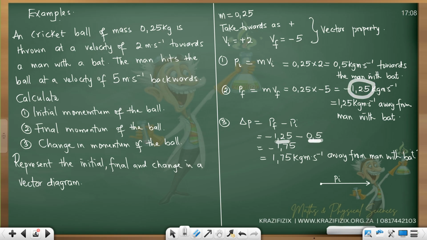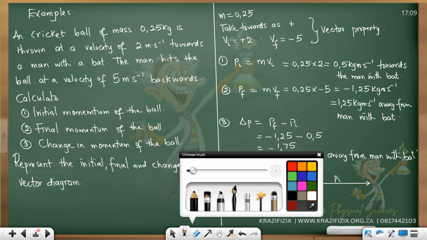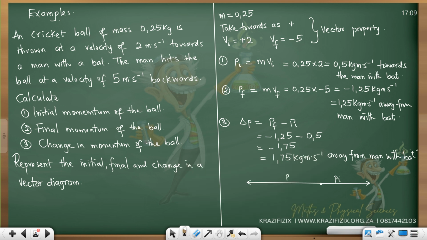Do you see that? It's almost as if we are adding them, but we are adding in the opposite direction. So I can come here now and do that. Final momentum in the opposite direction.